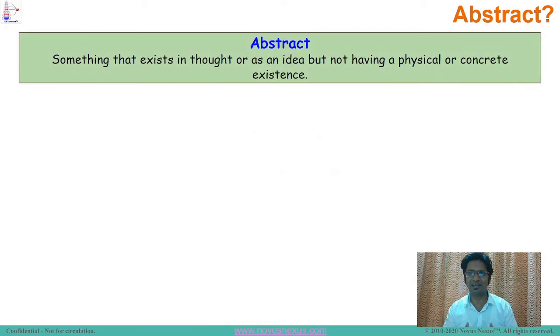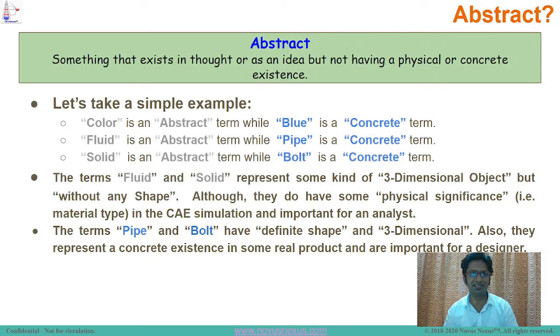So firstly, what exactly does abstract mean? The dictionary definition of abstract is something that exists in thought or as an idea but does not have any physical or concrete existence. For example, color is an abstract term, while when we say blue color, then blue is a concrete term.